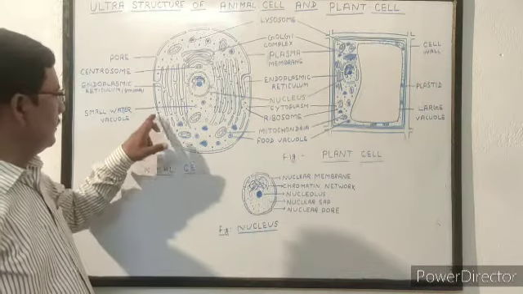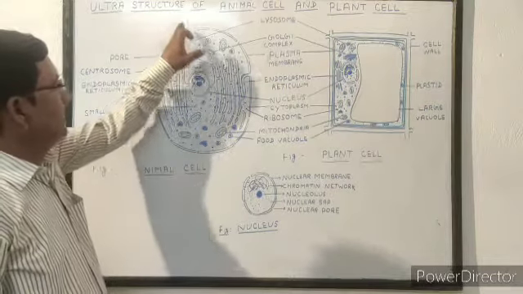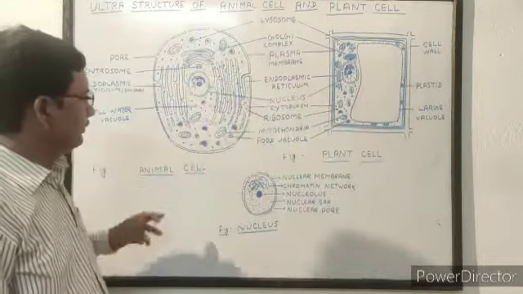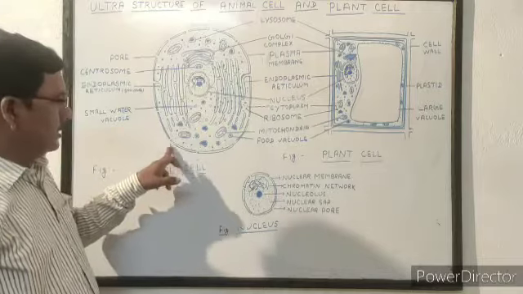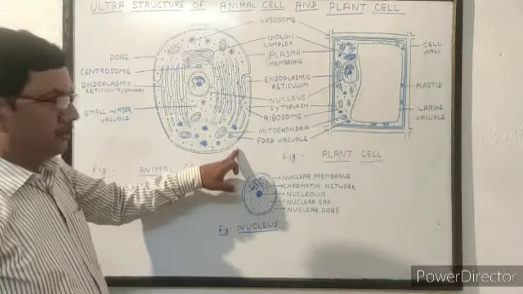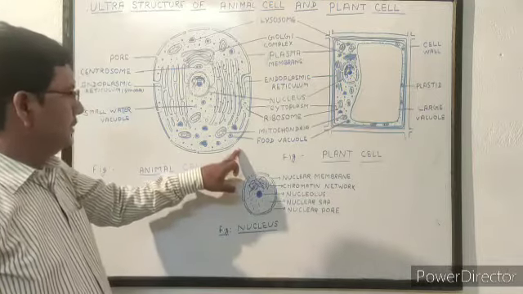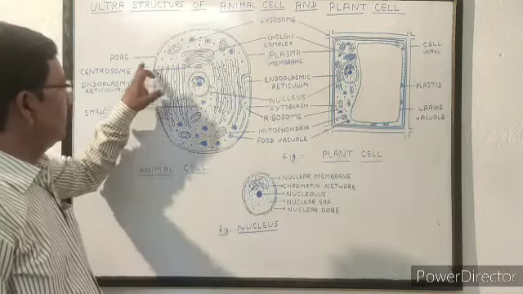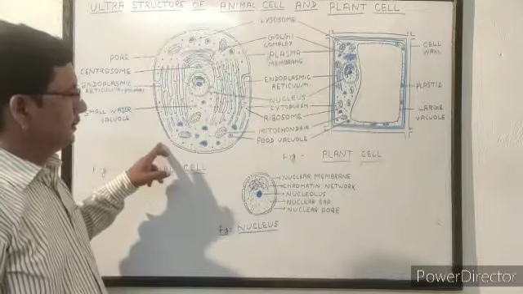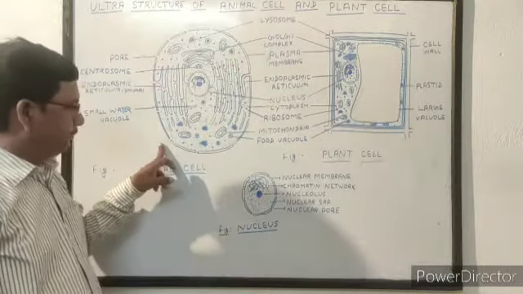It has numerous pores in the plasma membrane. The detailed structure of plasma membrane we study in next class. Today I am going to discuss about the structure of total cell.